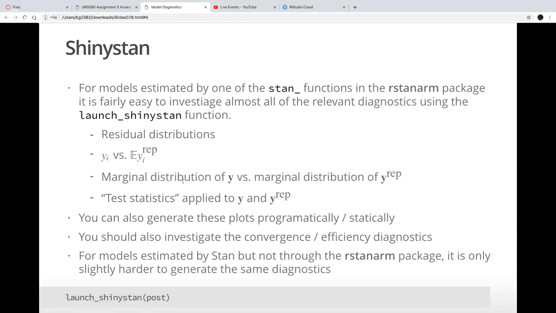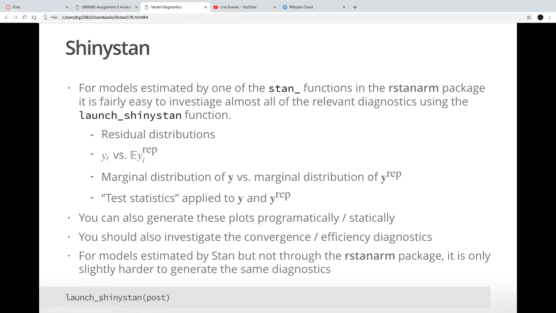For models that you write yourself in the Stan language, you can do ShinyStan, but it is enhanced for models that are estimated by rstanarm and brms. It has some additional features because it knows what the model is, whereas if you write your own Stan program, R doesn't know what that model was about, so it can't do as much with posterior predictive diagnostics and things of that nature.